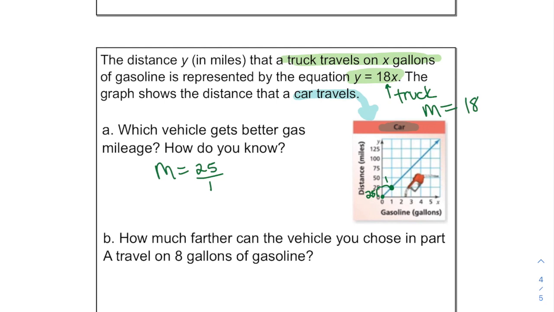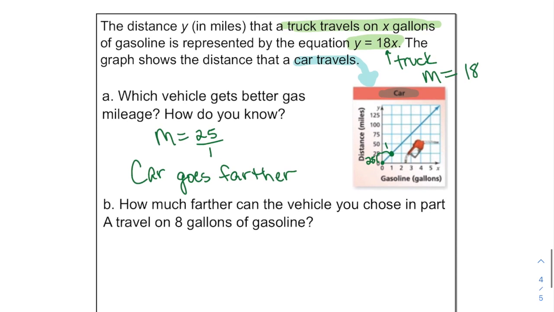So which vehicle has better gas mileage? Is the truck, which is getting 18 miles for every 1 gallon of gas, or is the car able to go farther, 25 miles for 1 gallon of gas? Well, the car goes farther, right? So the car is able to go 25 miles on just 1 gallon, where the truck only goes 18. So we'll put car goes farther.